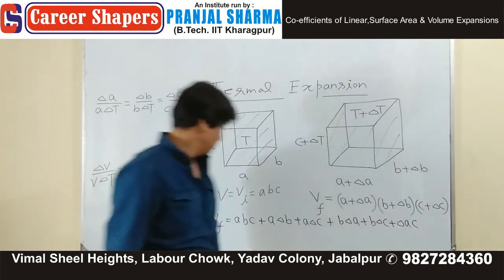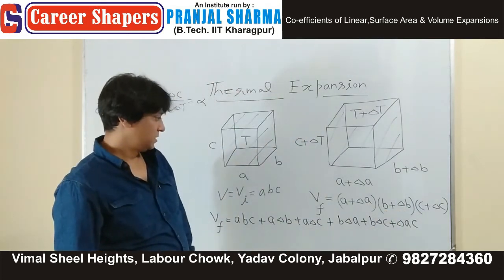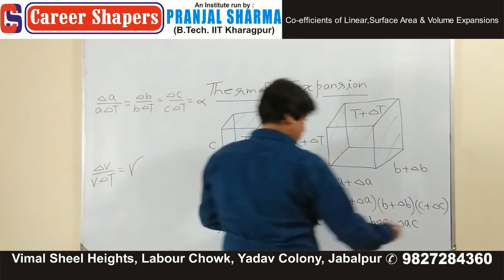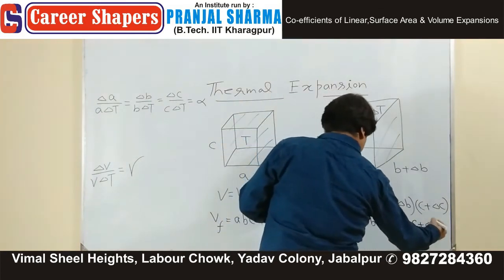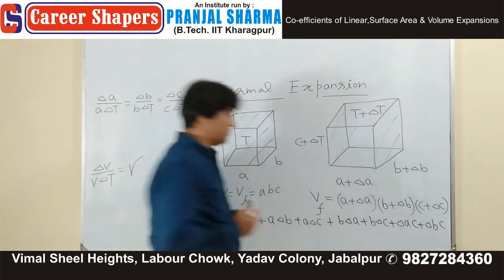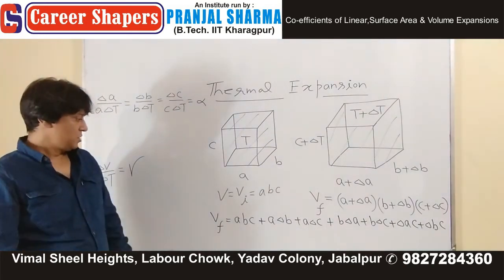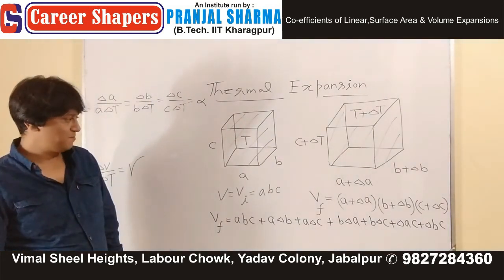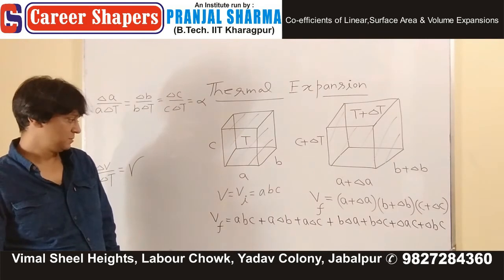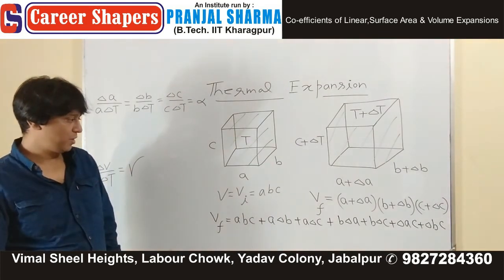Delta B multiplied by C, no, it's not there. So let's write down this also, delta B multiplied by C. So I hope we have got every useful term.